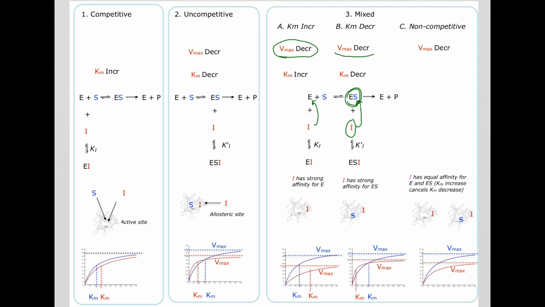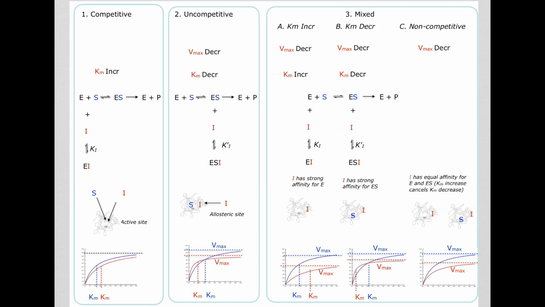It doesn't matter what subtype we are talking about. In all these three cases, A, B, C, the Vmax is going to be decreased because the inhibitor is bound to the enzyme substrate complex, and that will stop the formation of the product, and that is going to decrease your Vmax.